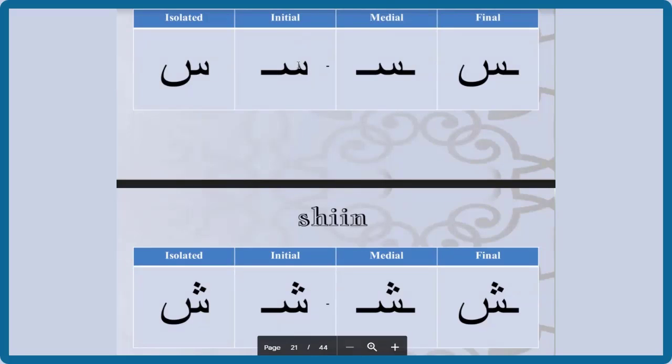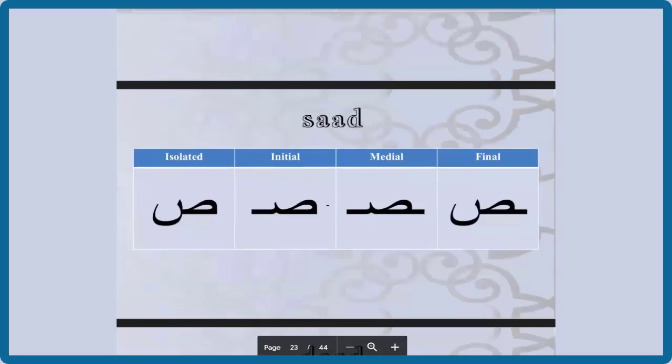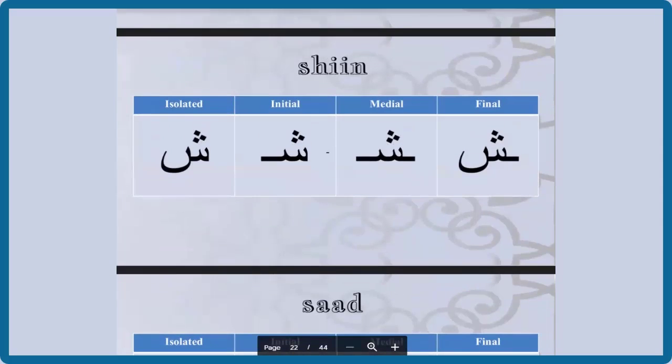So this is the initial form, the medial, and this is the final form. Normally the final form is just like the isolated form, so you will recognize these letters very easily if you remember the isolated forms, right? Then again, Sheen. Sheen was just like Seen, but it has three dots, and again there are three different shapes.